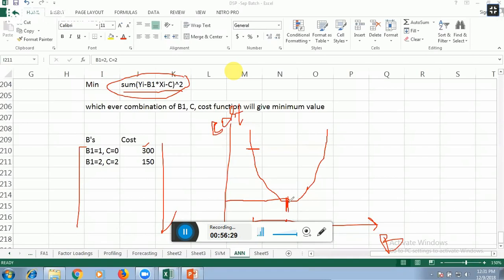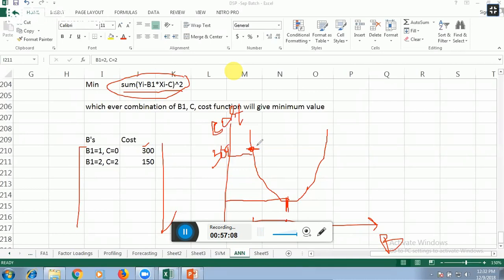If it is a polynomial function of order 2, it always has this kind of functional form, this kind of curve. So if I randomly take one value of beta, corresponding to that beta you can calculate my cost function. Assuming you got 300, corresponding to my beta equal to 2 and a constant.